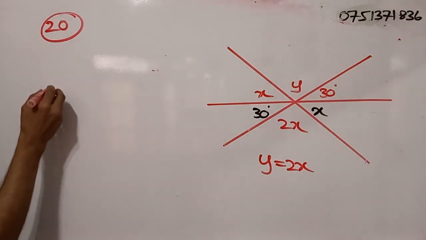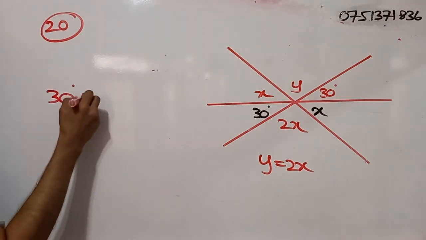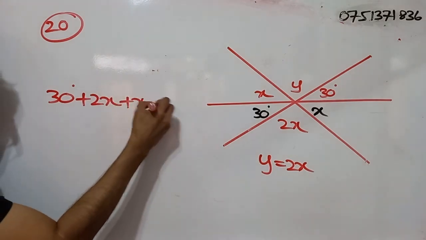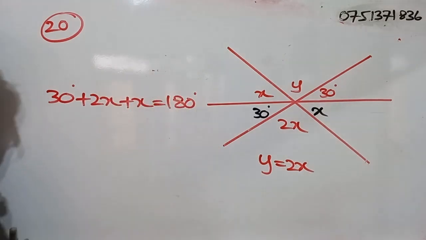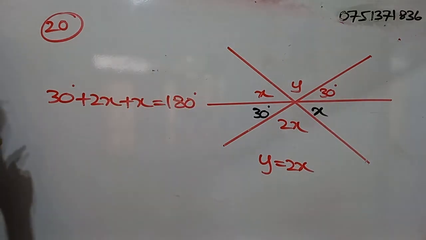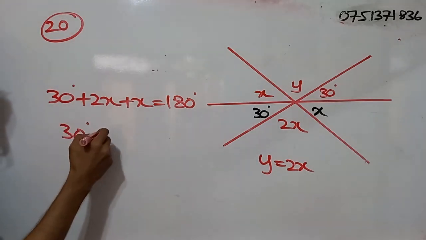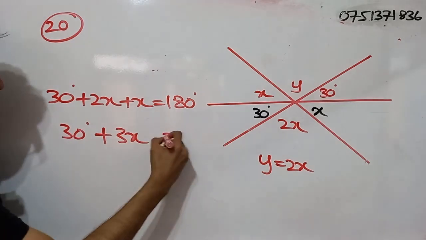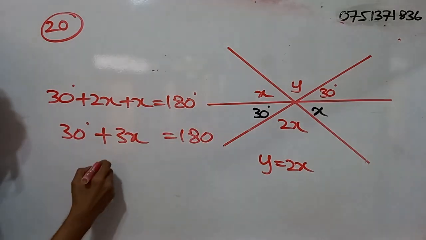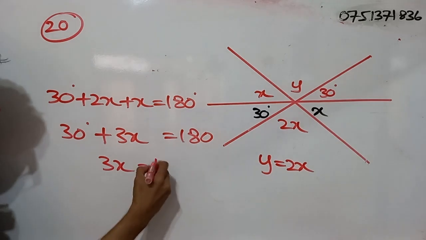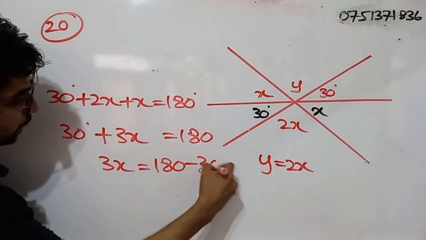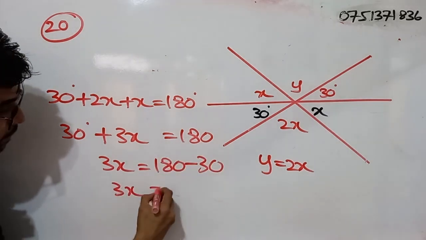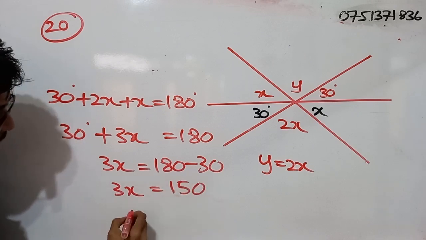So 30 plus 2x plus x, what is that? 180, no? So I can write 30 degrees plus 2x plus x is equal to 180 degrees. Now here we have two like terms. So 30 degrees plus 3x is equal to 180. That means 3x is equal to what? 180 minus 30. That means 3x is equal to 150.